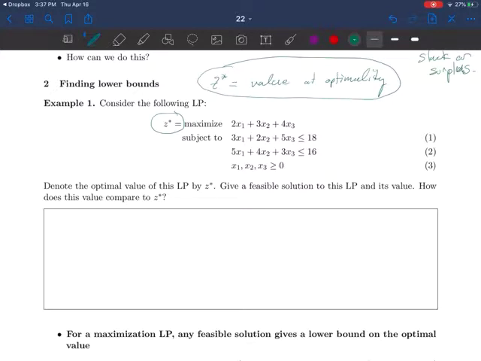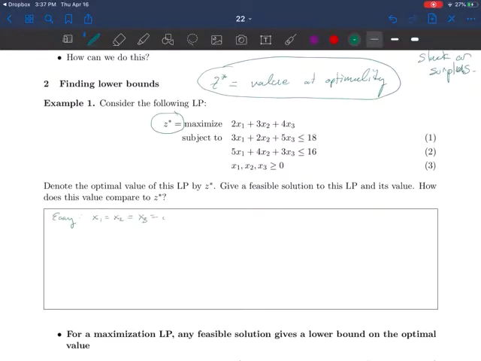Well, you would expect that for any feasible solution, by the definition of optimality and the max, z star has to be greater than or equal to the value of any feasible solution. So let's just see what a possible feasible solution might be.